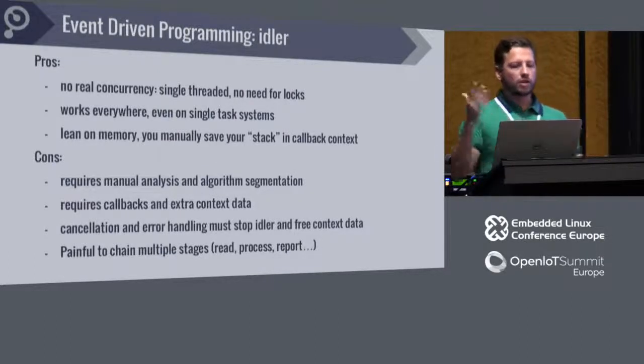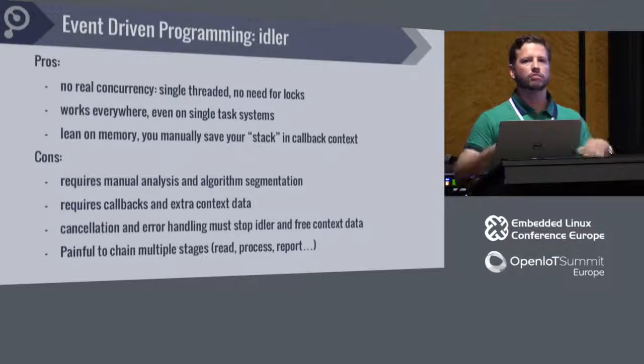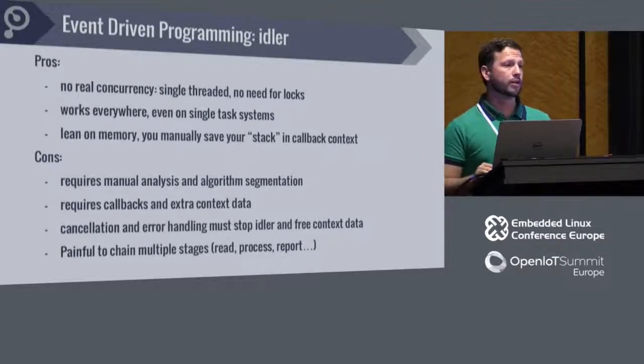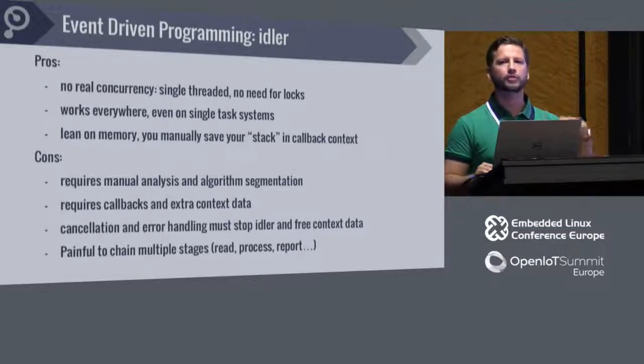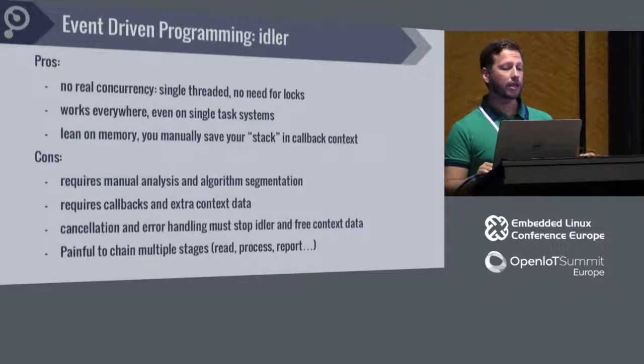Then there are pros and cons. Pros: no real concurrency, no need for locks, no deadlocks, okay? It's very easy. It works everywhere. You may have the crappiest OS on earth. If you have bare metal, it will work there because you don't need any kind of special help from the OS. And it's very lean on memory.